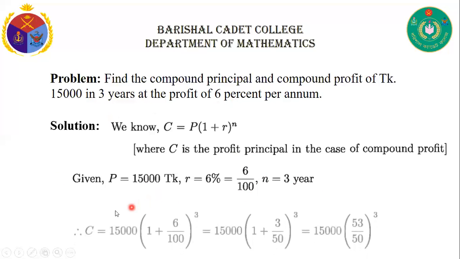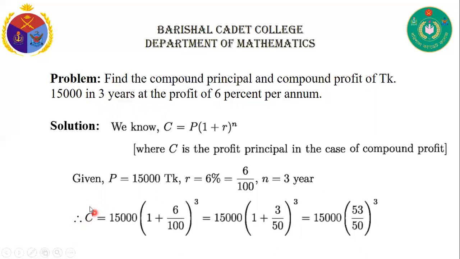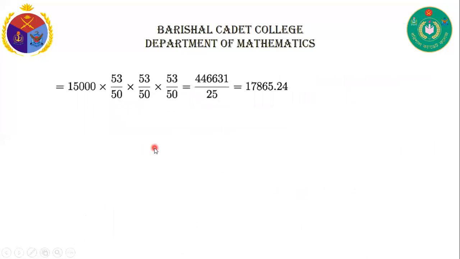So we get that C equal to 15,000 into 1 plus 6 by 100 to the power 3, that is actually 15,000 into 53 by 50 to the power cube, and the final result is 17,865.24.